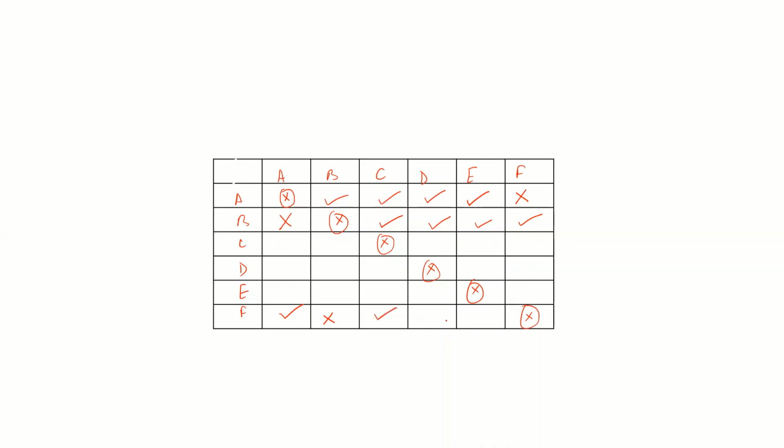The answer is yes. F can win 4 matches. So there can be 3 teams that can win a total of 4 matches each. The other teams, if we see, C has lost against A, C has lost against B, C has lost against F. It can win a max of 2 matches.